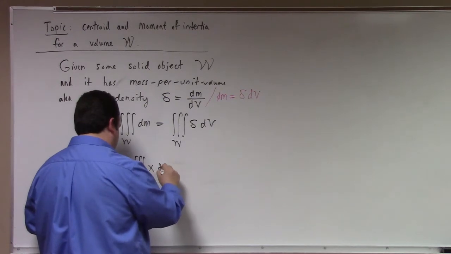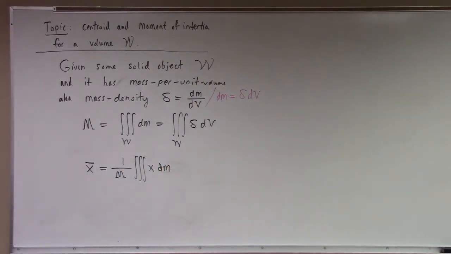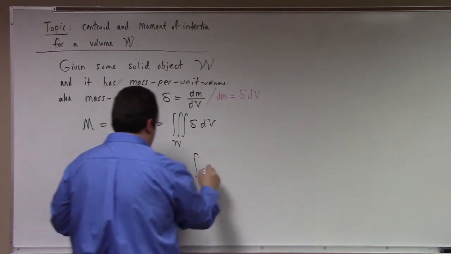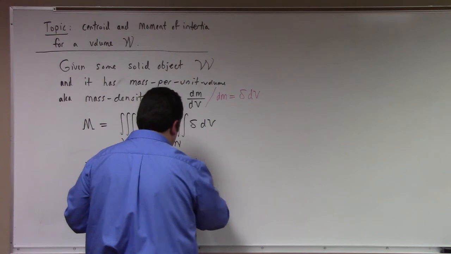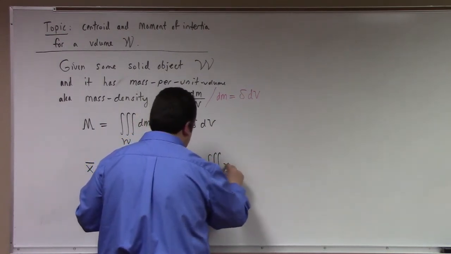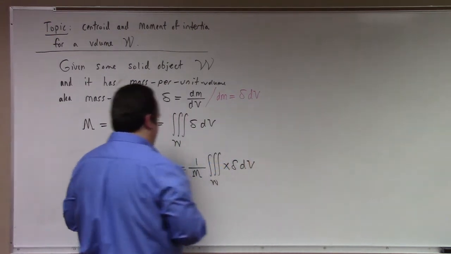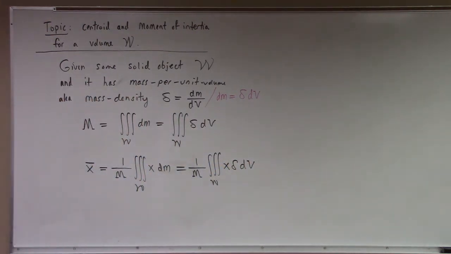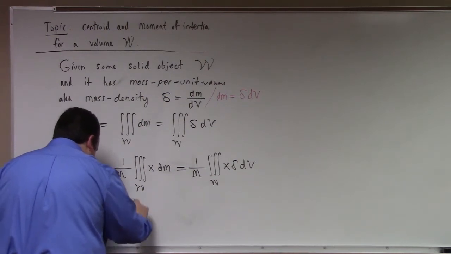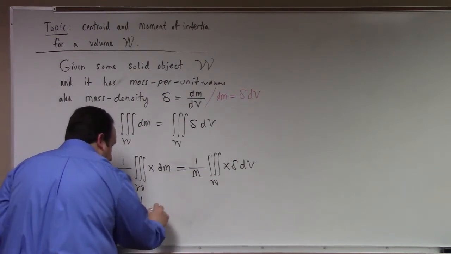But anyway, so yeah, this is a sort of almost weighted average. So what does that mean? Well, how you actually calculate that is 1 over the total mass, the triple integral over W of x delta dv. So that gives us the average x value. How do we find the average y value? 1 over the total mass, integral over W of y delta dv.